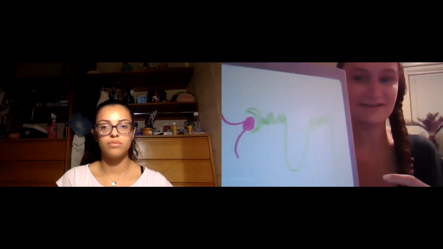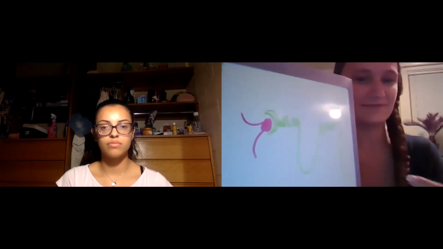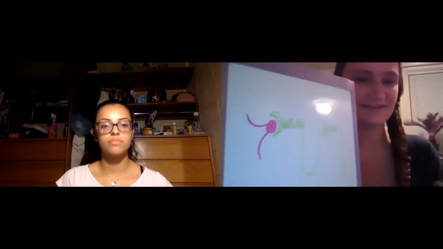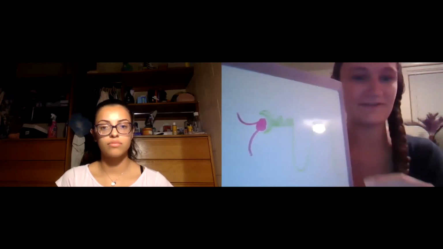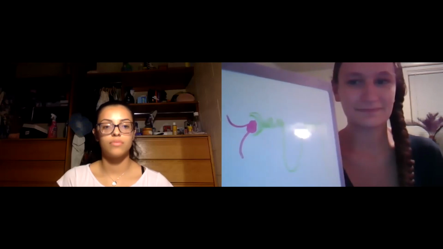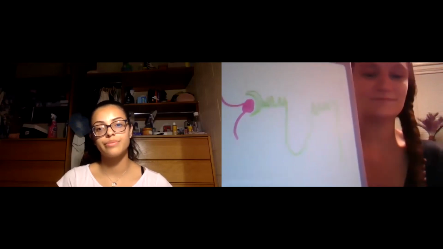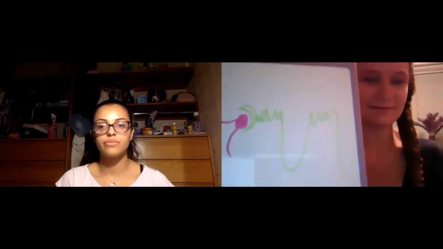The glomerulus is a capillary bed. All your blood comes in one side, it filters out, all the liquid goes into your nephron, and everything else goes back into circulation. Oh, I didn't know that. I thought the blood went through the whole green part too. Nope, just the plasma, the liquid part.